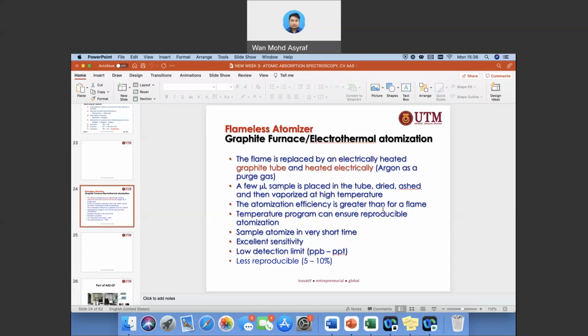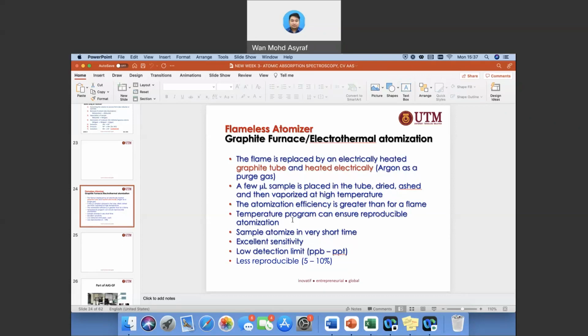The atomization efficiency is greater than for a flame. The temperature program can ensure reproducible atomization. Sample is atomized in a very short time, while for flame AAS you would require some time because you have a lot of processes beforehand. You need to aspirate, and before it can become atomized, you have dissolvation, evaporation, whatever.